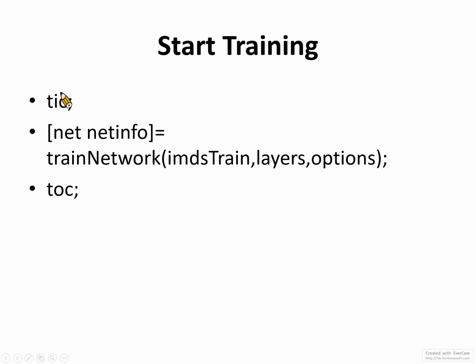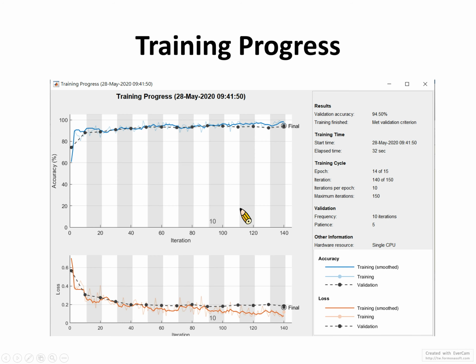So these codes will tell you how long this training takes on your computer. In my case, if I execute these codes, it takes about 32 seconds to finish the training. The speed might be different on your computer depending on the level of your hardware, but usually it should not take long because I only give you 1,000 versus 1,000 data.